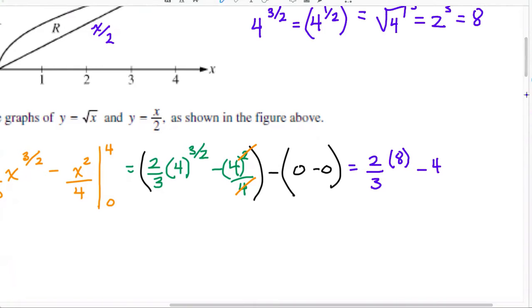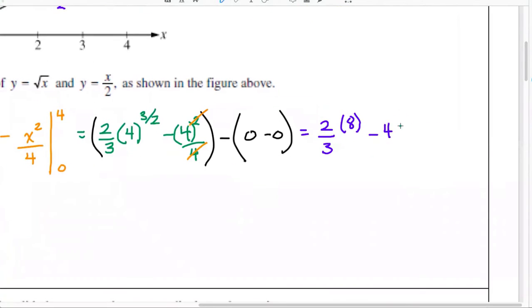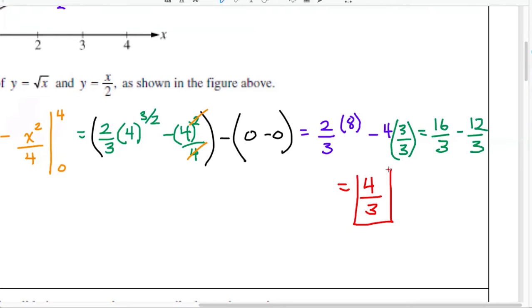So my next step is to multiply this 4 by 3 over 3. And 8 times 2 is 16. So I have 16 over 3 minus 12 over 3. Put parentheses around this. And then that's basically all I need to do. 16 minus 12 is 4. So the answer here is 4/3. And box it.